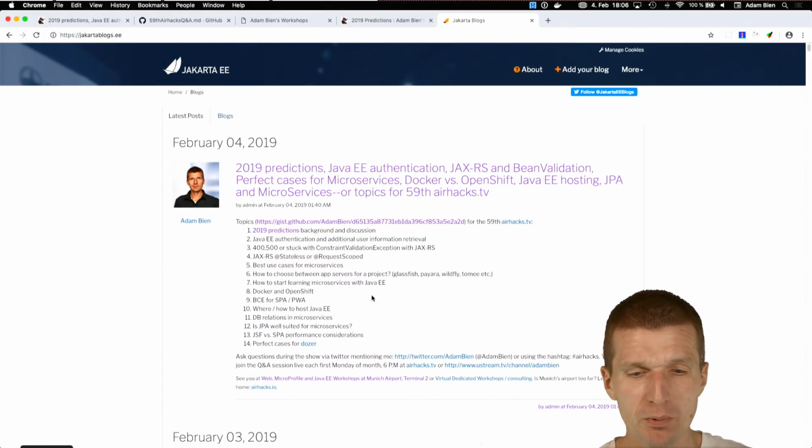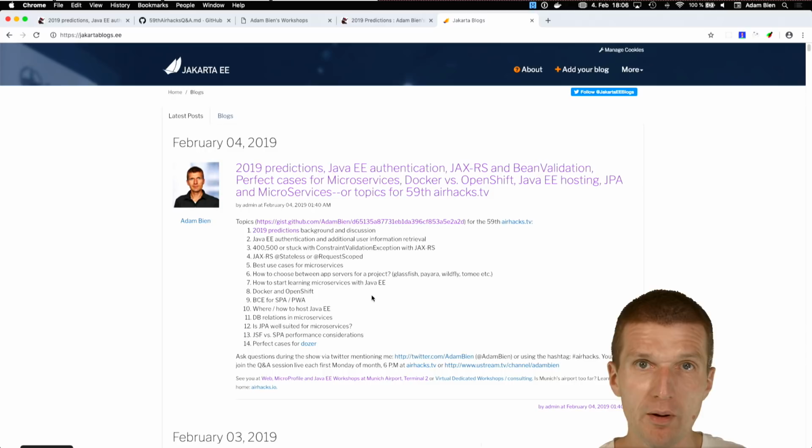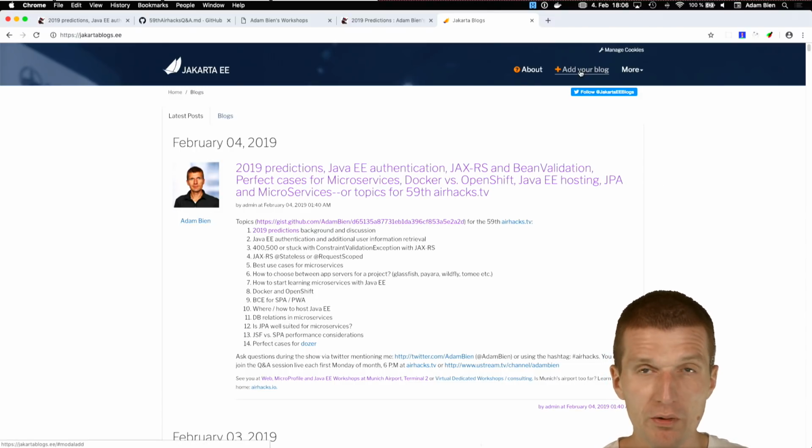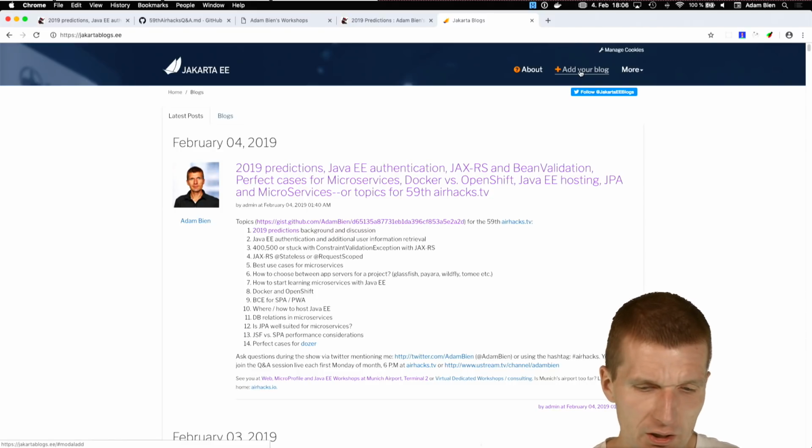You know, it's how blogging in the Java space started. So we have a really nice blog aggregator. If you have a blog which blogs about Java EE or MicroProfile, just add your blog here, and I think they will review whether it is really about Java EE, but then you get included here, which I hope is going to be a great resource about Java EE.